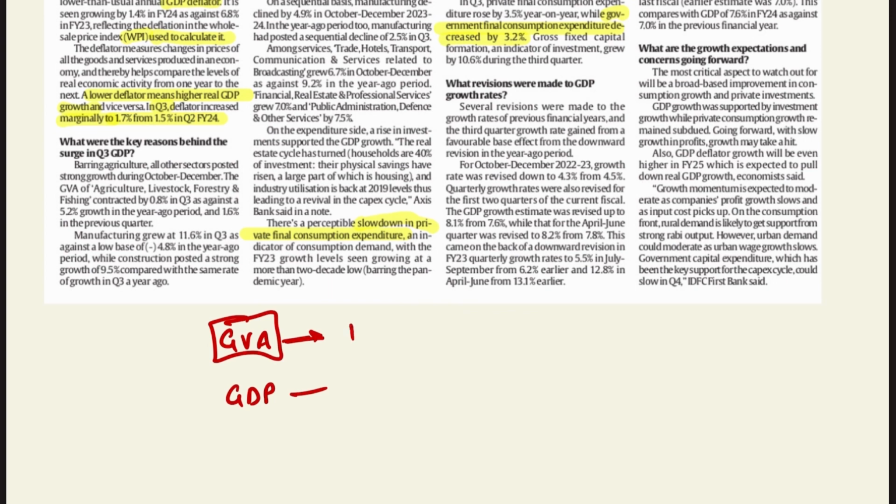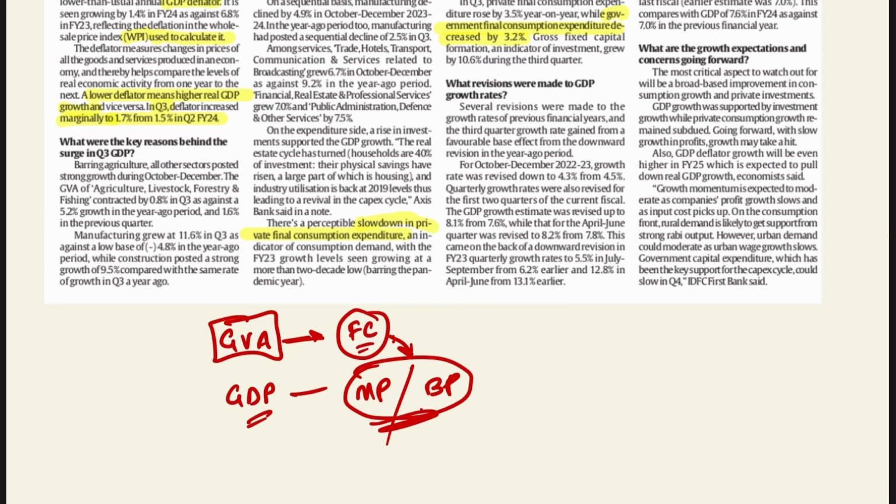Gross value added is calculated at the factor cost, while GDP is calculated at market price. Or you can also use basic price, but whatever these prices are, these are more than the factor cost.